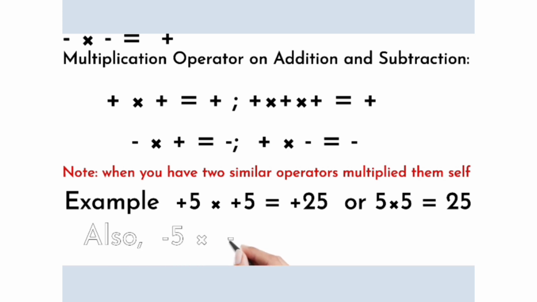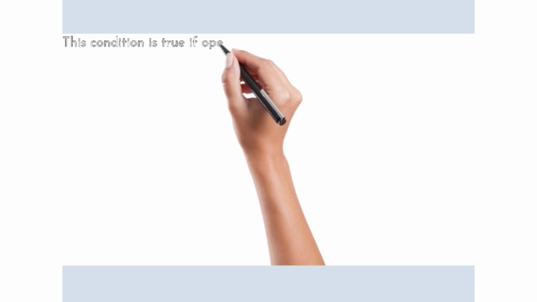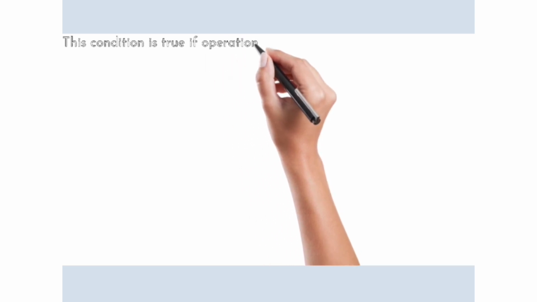Also minus 5 times minus 5 will give you plus 25. So we can see that this condition is true if the operation is repeated an even number of times. I've said this earlier.